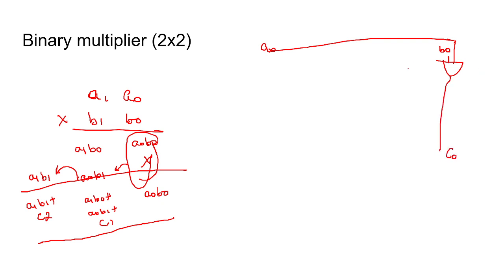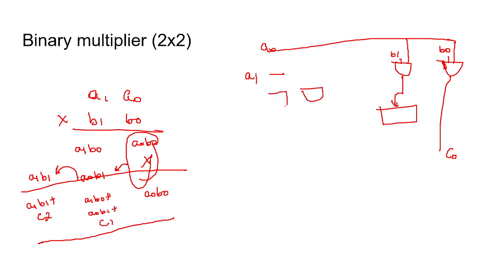This is a direct AND gate, so I need not add any block. Next I have to perform B1 and A0. This one I have to add with A1 and B0, so I need another AND gate.